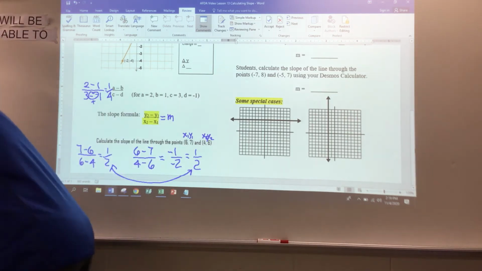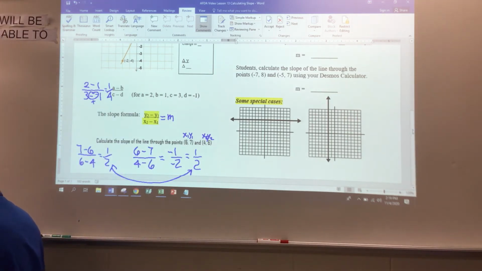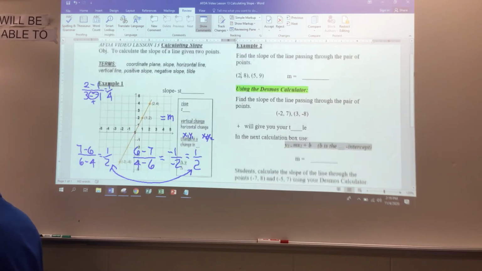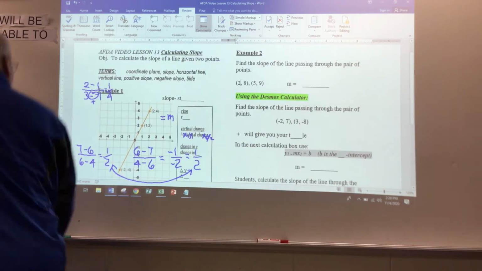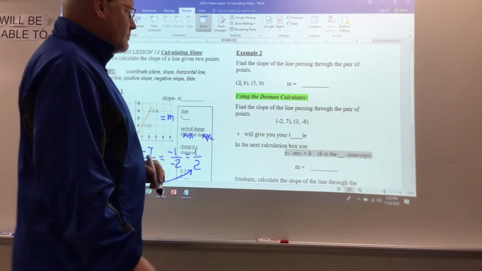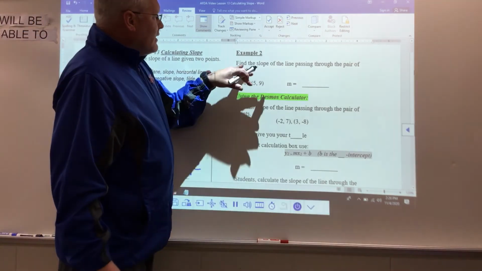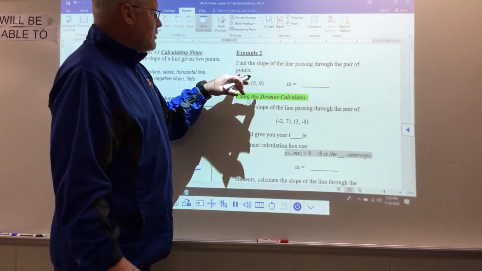Okay? Let's go over and see what else we might have on this lesson. Let's look over here at example 2. Now, this says find the slope of a line passing through the pair of points.